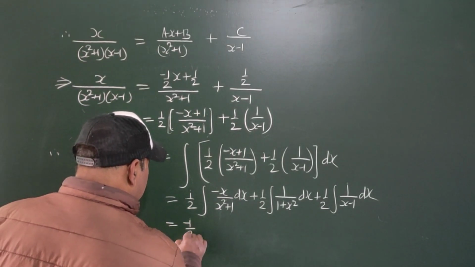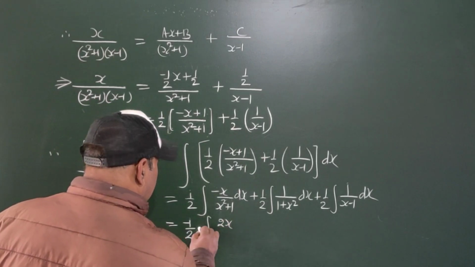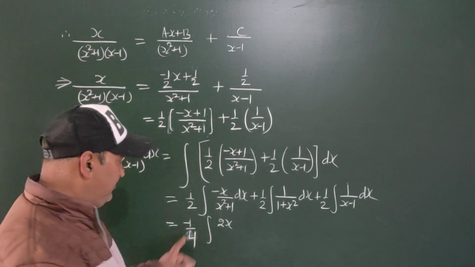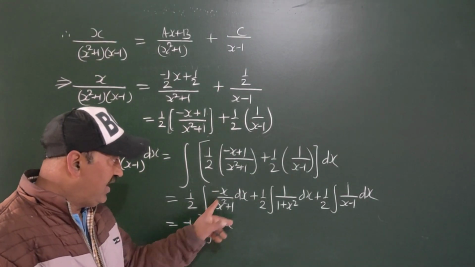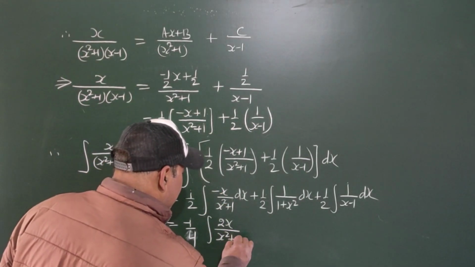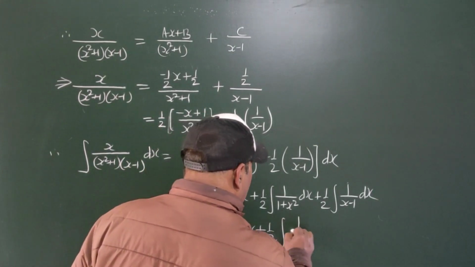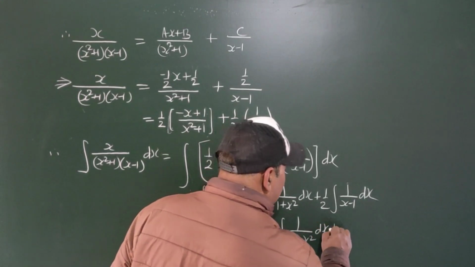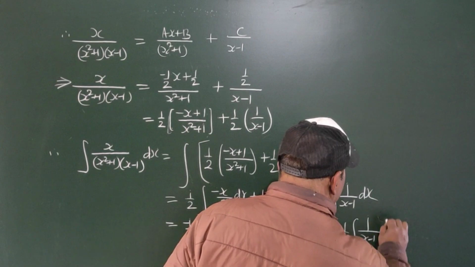minus 1 by 2, and multiplying by 2 inside and dividing by 2 outside, we get minus 1 by 4 integration of 2x upon x square plus 1 into dx, plus 1 by 2 integration of 1 upon 1 plus x square into dx, plus 1 by 2 integration of 1 upon x minus 1 into dx.